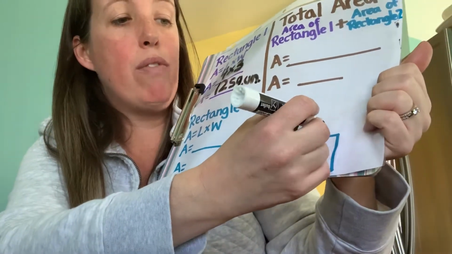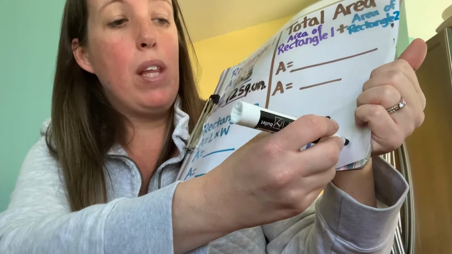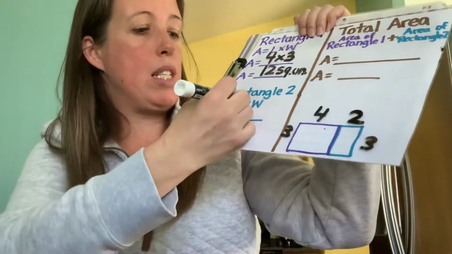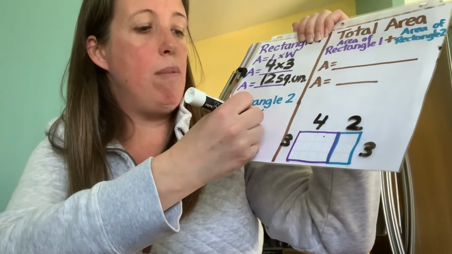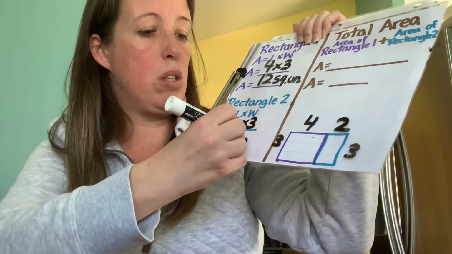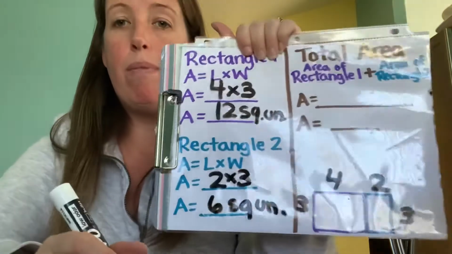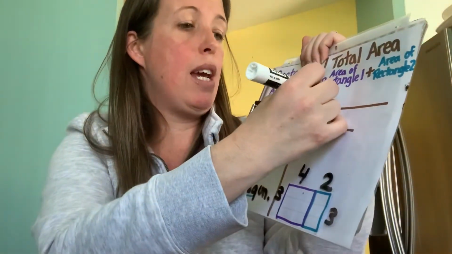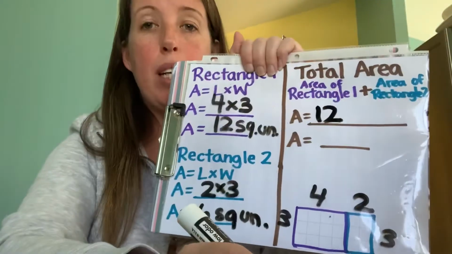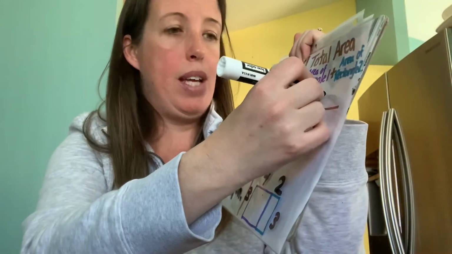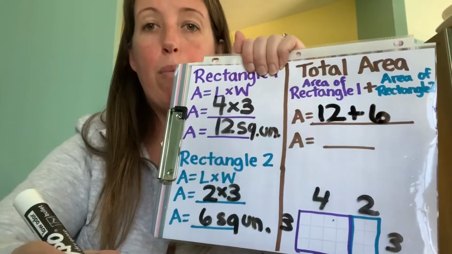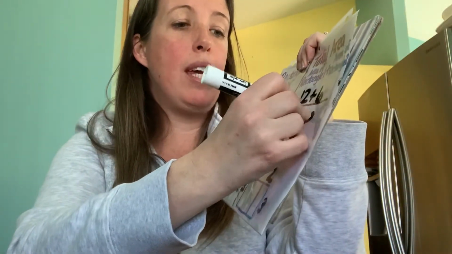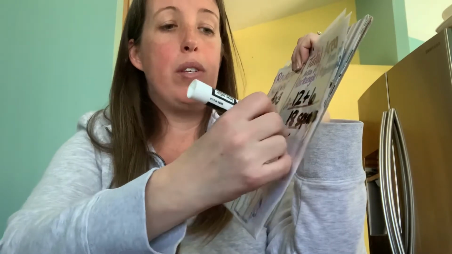I have a length of 2 square units and a width of 3 square units. So for rectangle 2, 2 times 3 is 6 square units. To find my combined area, I'm going to take my 12 from rectangle 1 plus my 6 from rectangle 2, and when I add it together, I get a total of 18 square units.